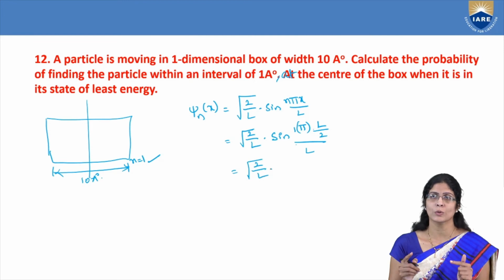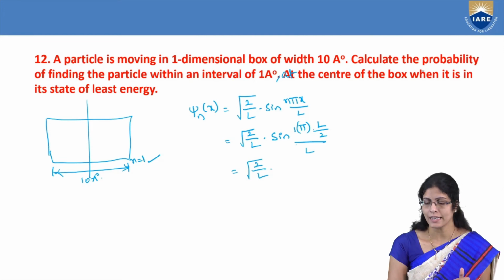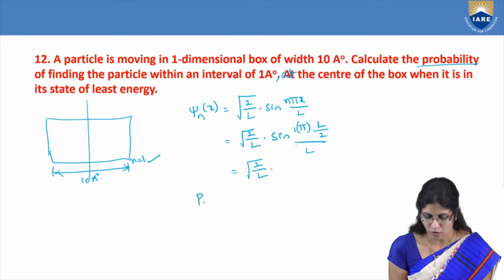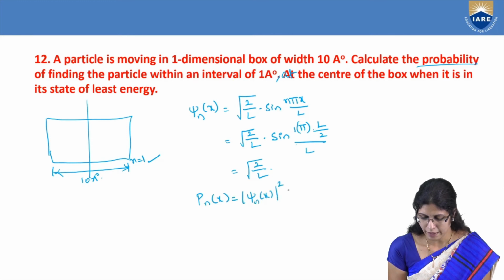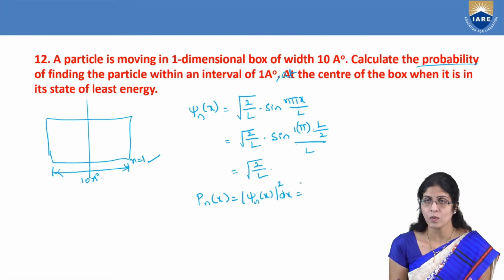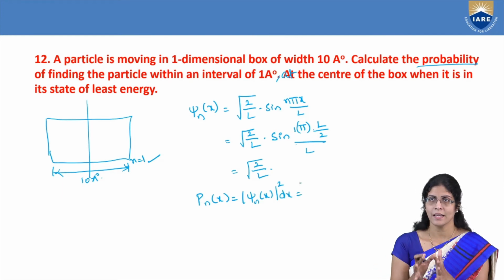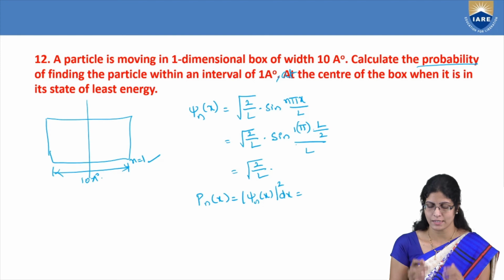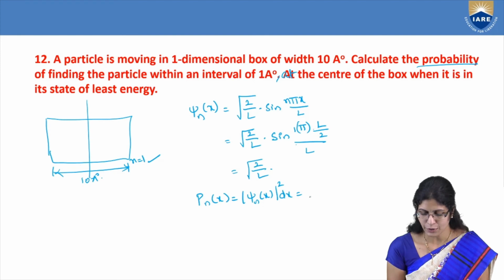So it is root 2 by L. But what do I need? I need the probability. Probability means what? So Pn of x is equal to mod psi of x square dx. So dx is what? In x you are getting dx. In 10 angstrom now you have 1 angstrom. But what is psi for you now?